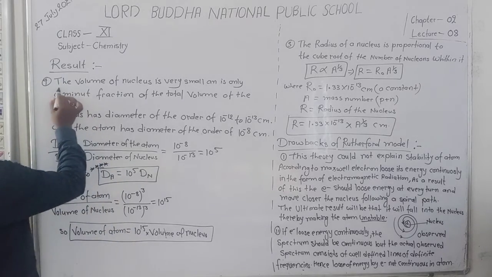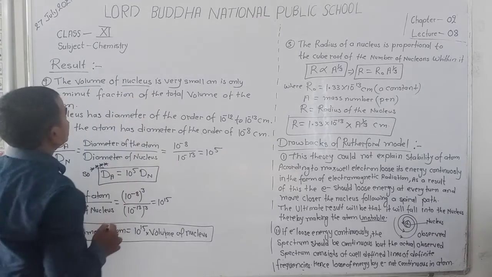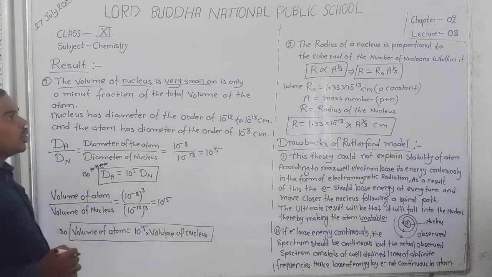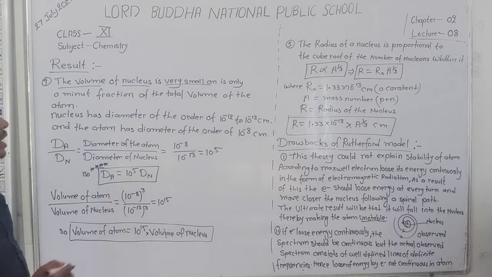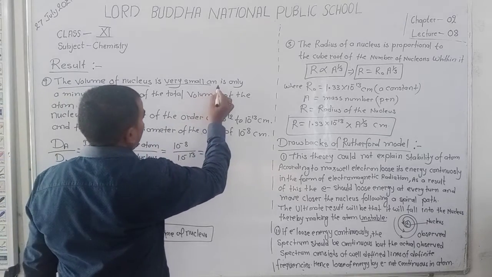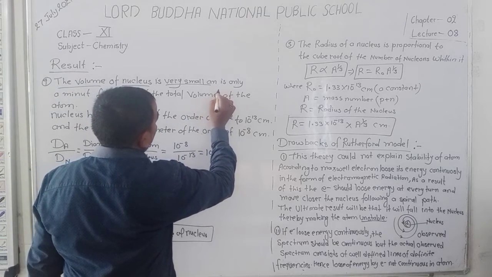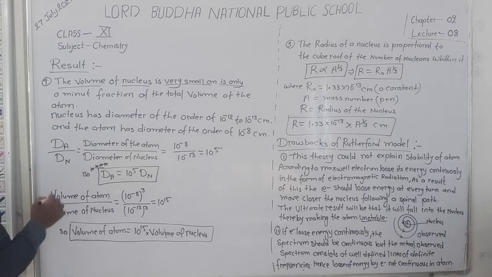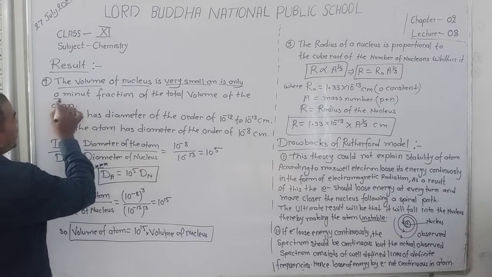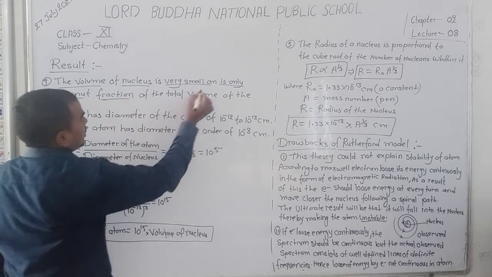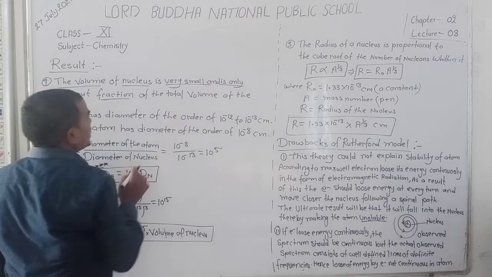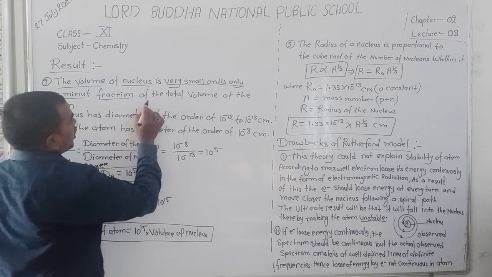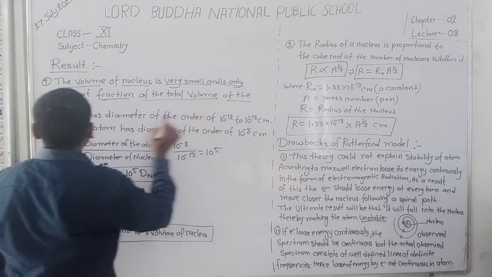the volume of the nucleus is very small. Yes, friend, the volume of the nucleus is very small and is only a minute fraction of the total volume of the atom.